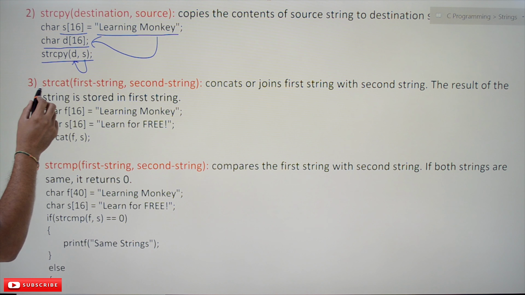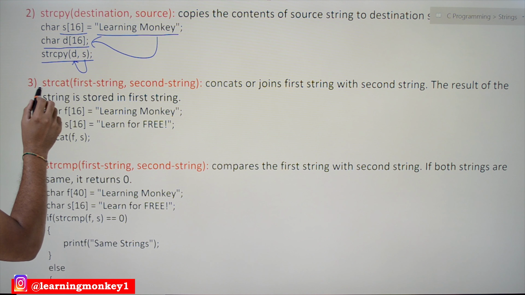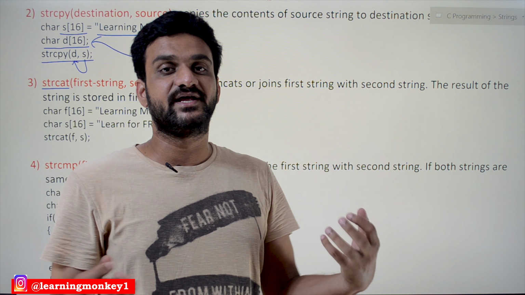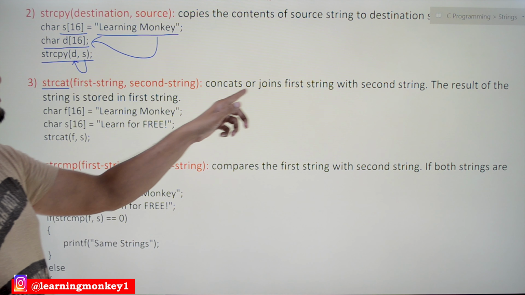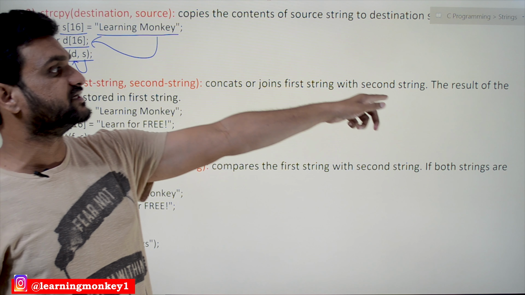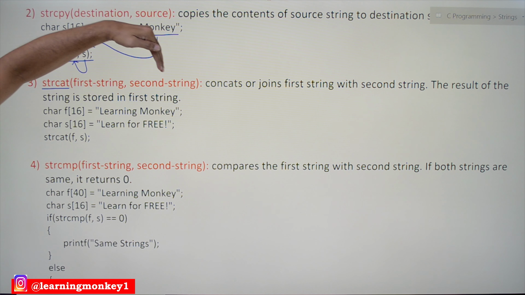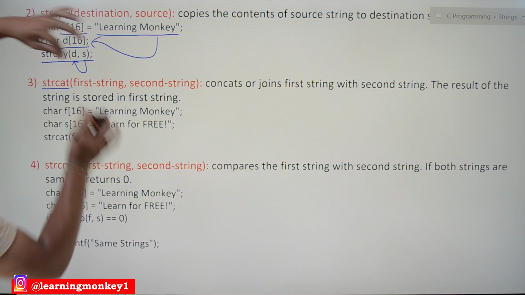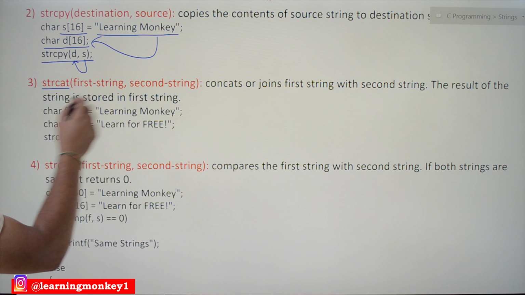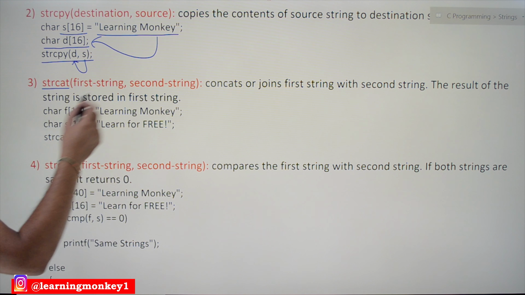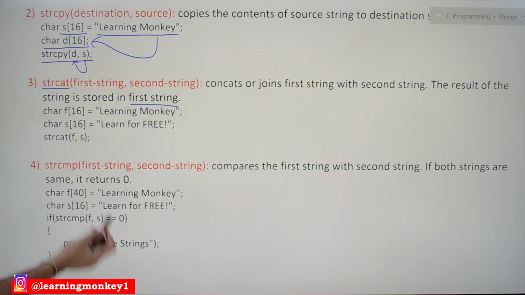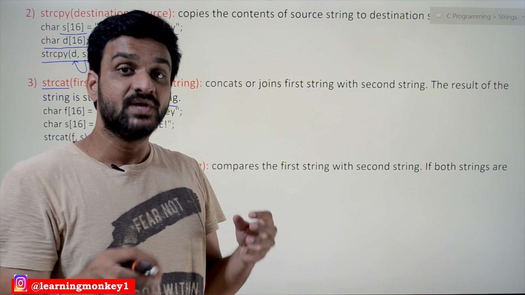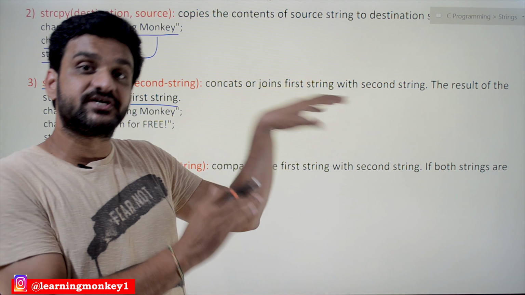The next one is string concatenation, strcat. Two strings will get concatenated, combined. It concatenates or joins the first string with the second string. Whatever content is there in the second string will get concatenated to the first string, and the result is stored in the first string. So whatever result we obtain after concatenation, that entire string will get stored in the first string.